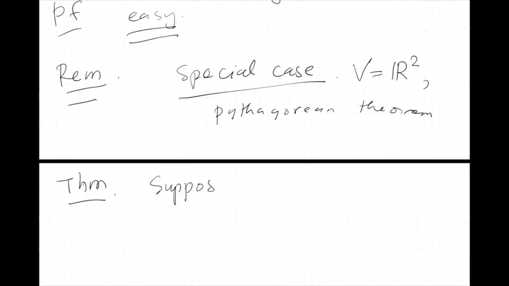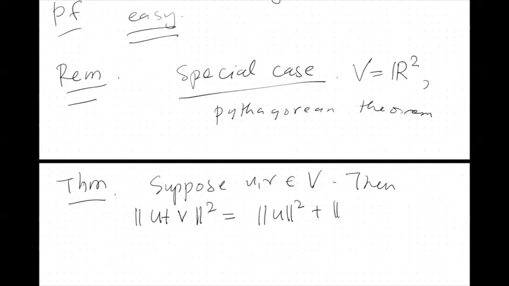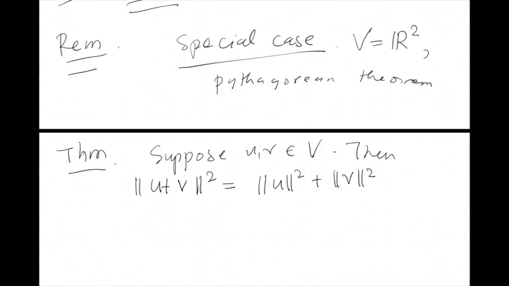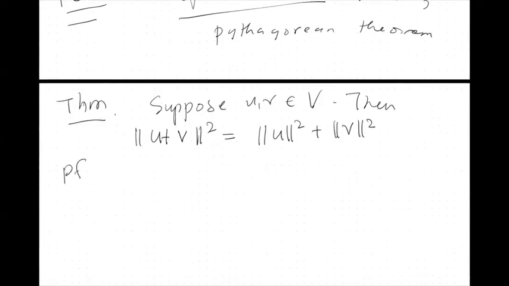Suppose that you have u and v orthogonal in the inner product space V, then the norm of u plus v squared is equal to the norm of u squared plus the norm of v squared. For the proof, this is just an easy expansion. So this is the inner product of u plus v with u plus v.